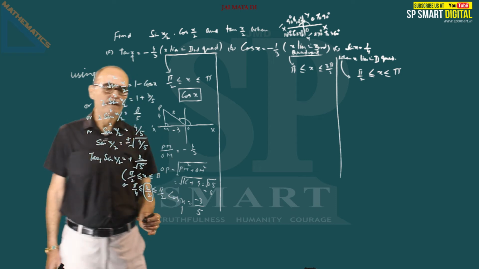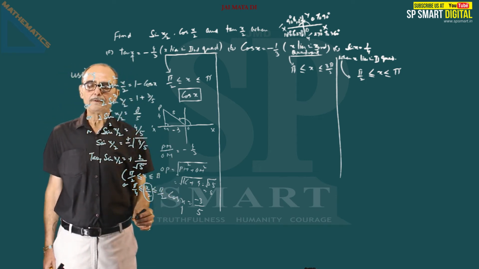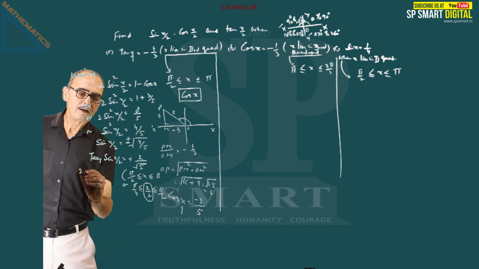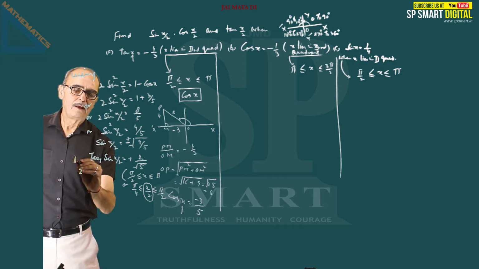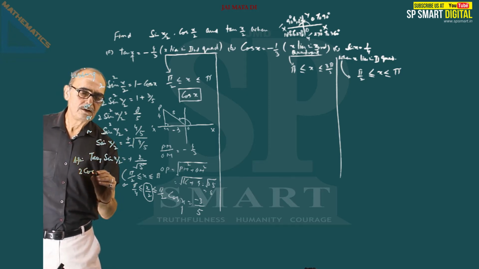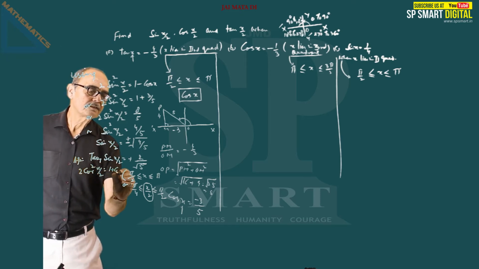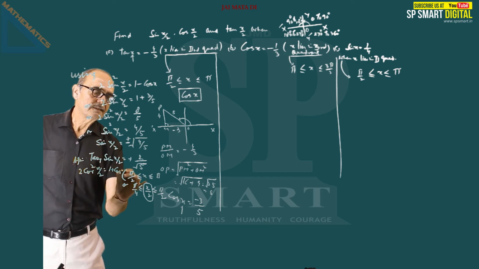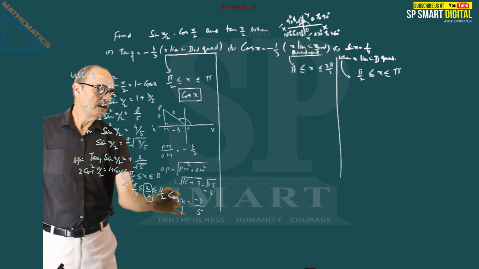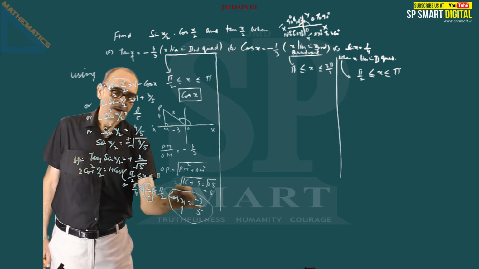Then we need to find out cos of x by 2. Now, use the formula again, 2 cos square x by 2 is 1 plus cos x. This is the formula. Cos x is this value, minus 3 by 5.